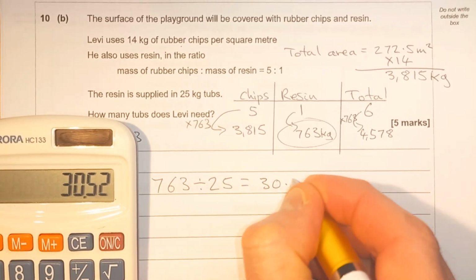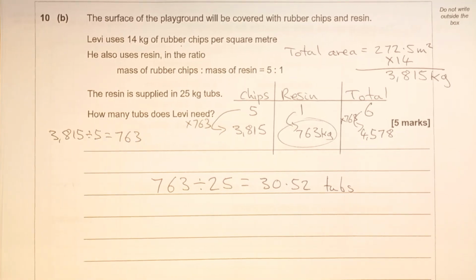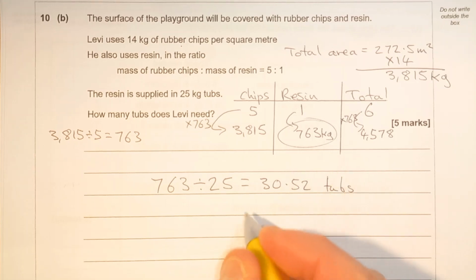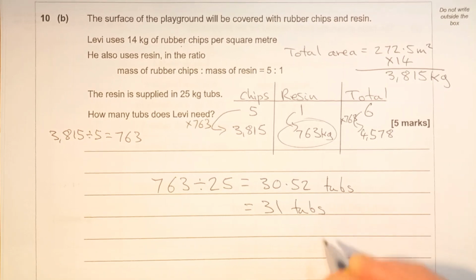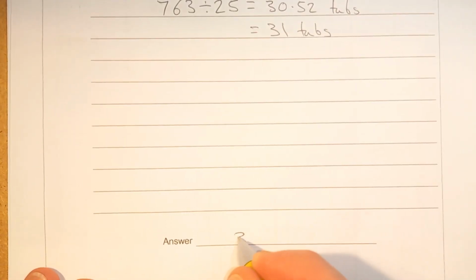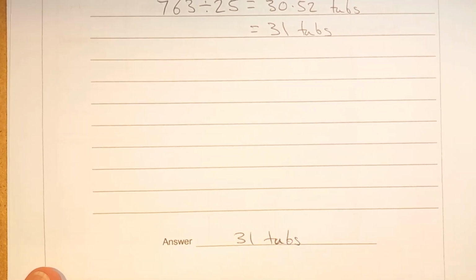We get 30.52 tubs. Well, you're not going to be able to buy 0.52 of a tub. So we're going to have to go up to the next whole number, which is 31 tubs. Because if we only did 30 tubs, it's not enough. So we can put that down there.